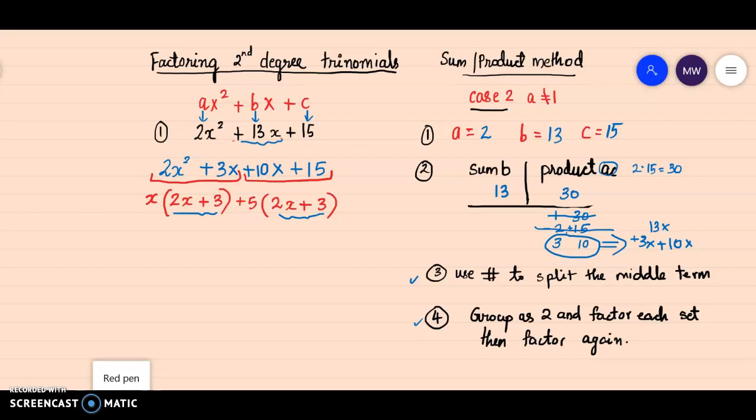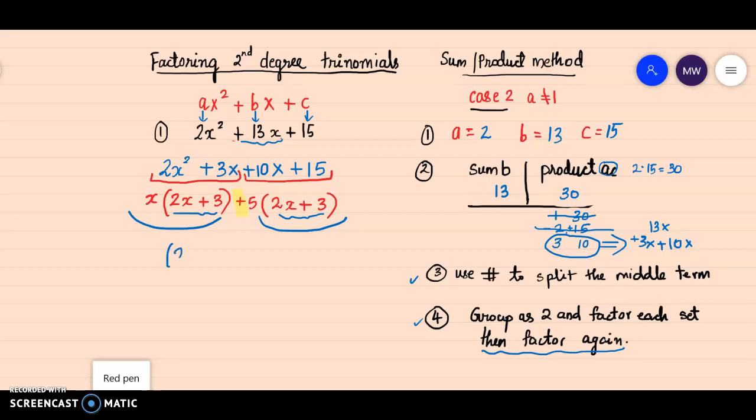So we just grouped them, and we factored, but it says then factor again. One last time we have to factor it again. In this case, we know that there's a plus sign right here. That is the one that divides them into two terms. So we have a term here and we have a term here. In both these terms, what do we have in common?